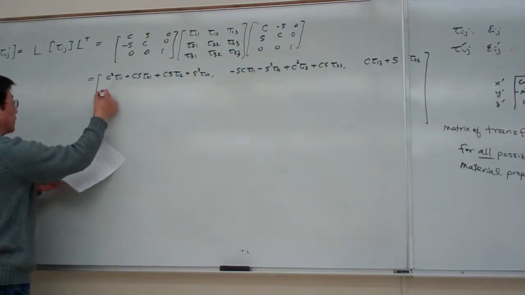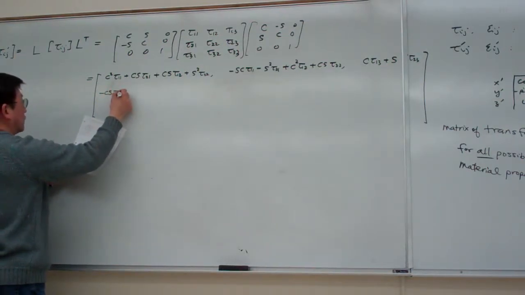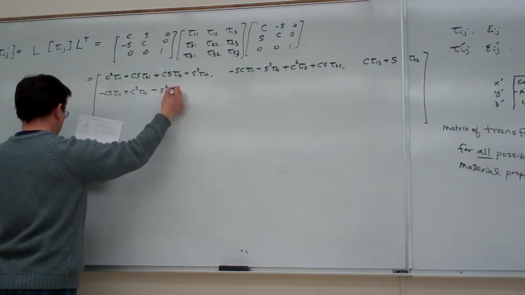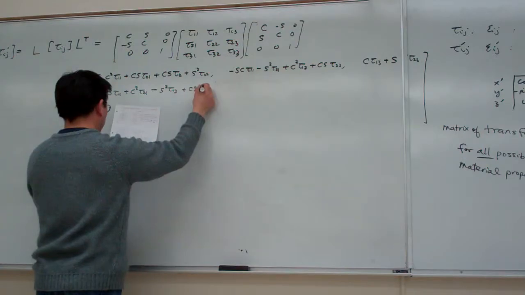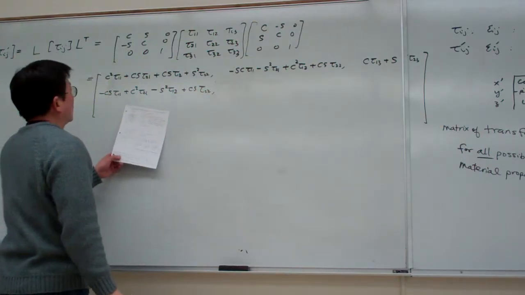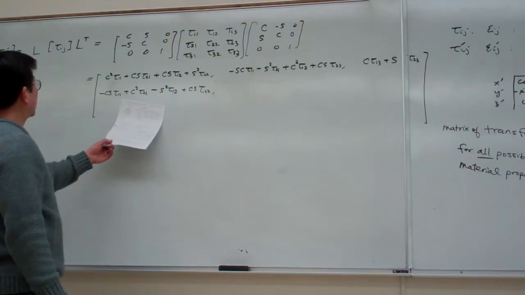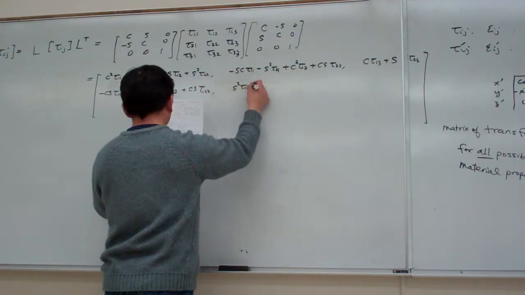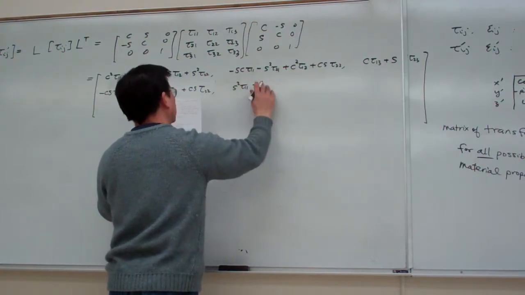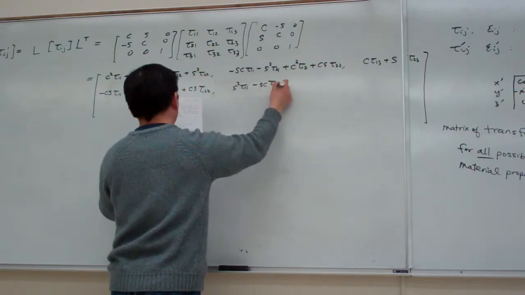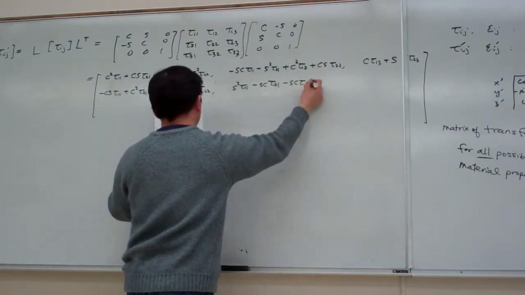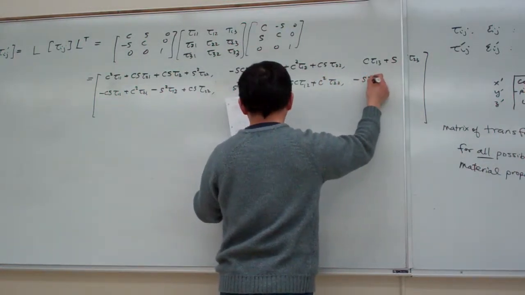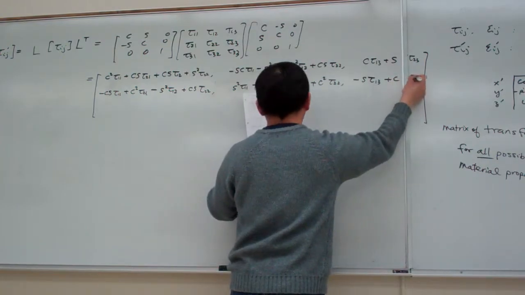Then for the second row: minus CS tau 1 1, plus C squared tau 2 1, minus S squared tau 1 2, plus CS tau 2 2. And basically that should be symmetric. Then this one is S squared tau 1 1, minus SC tau 2 1, minus SC tau 1 2, plus C squared tau 2 2, and this is minus S tau 1 3 plus C tau 2 3.